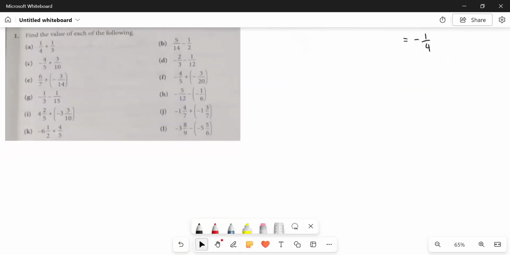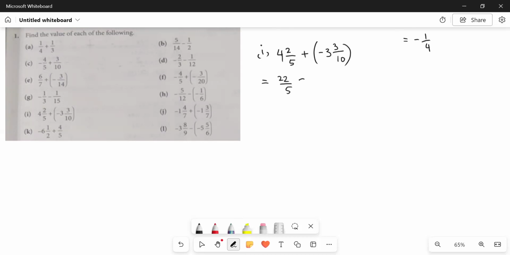Now we have mixed numbers. Okay. In part I, it is 4 whole 2 upon 5 plus minus 3 whole 3 upon 10. So in case of a mixed number, what is the first step? Every time you look for a mixed number, just convert it into an improper fraction. 5 4s are 20 plus 2, 22 upon 5.